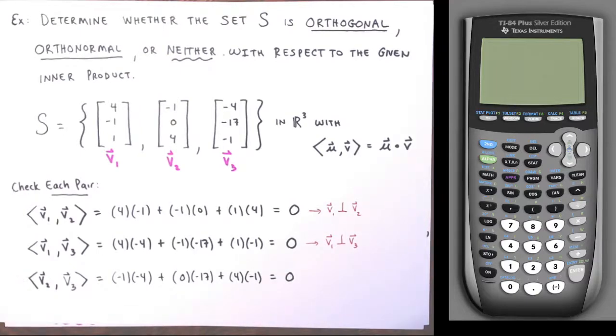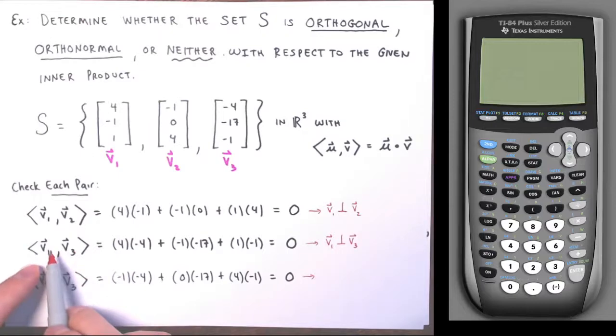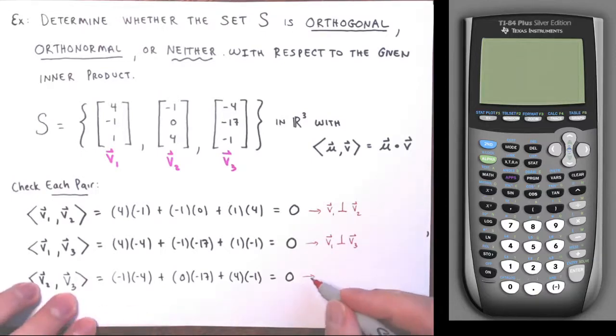So I've checked all possible pairs of different vectors, right? I'm not doing v1 with v1 or v2 with v2, because remember, for an inner product of a vector with itself, if that vector is not the zero vector, you're going to get a non-zero quantity. But we're just checking the different pairs of vectors. So v1 and v2 are orthogonal, v1 and v3 are orthogonal, and v2 and v3 are orthogonal.